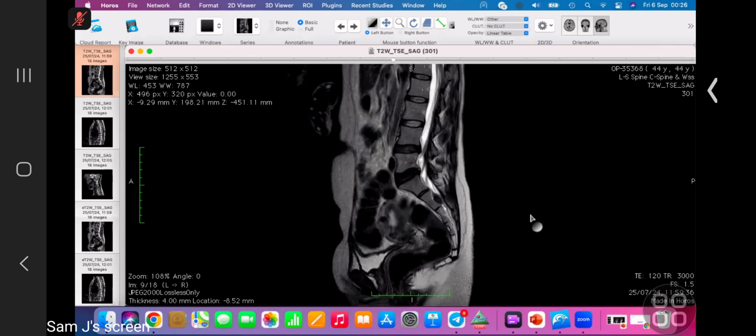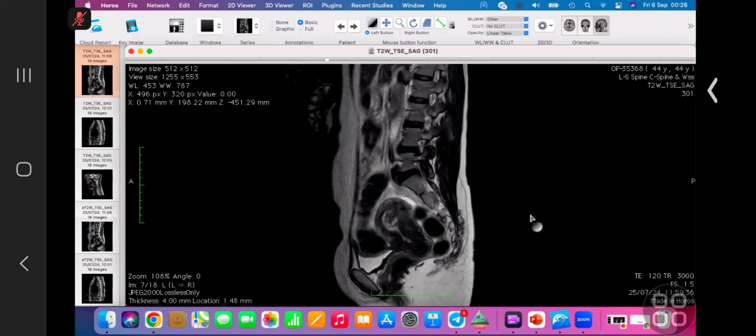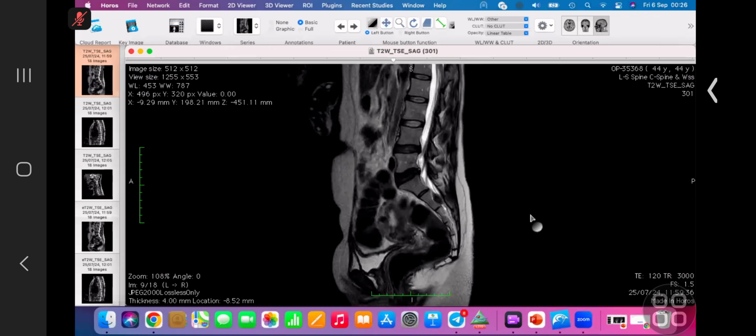Also, I noticed a hypointense, well-defined lesion seen in the posterior aspect of the S2 vertebral body. This mass lesion causes mass effect or erosion in the posterior aspect of the S2 vertebra, causing a posterior scalloping.